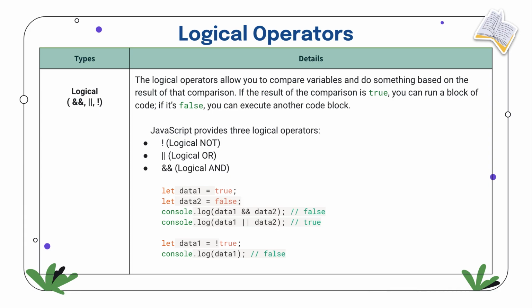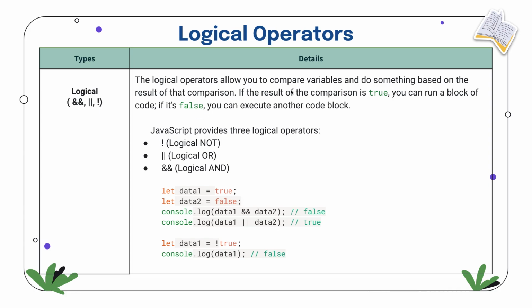And means if both values are true, then the result is true; if any one value is false, then the result is false. In JavaScript, and is denoted by a double ampersand, or is denoted by two pipe symbols, and not is denoted by an exclamation symbol.